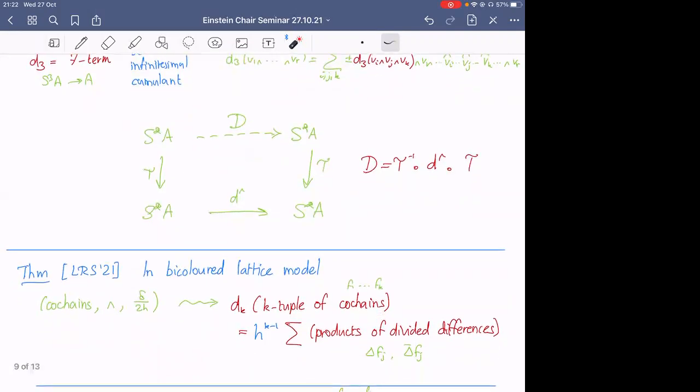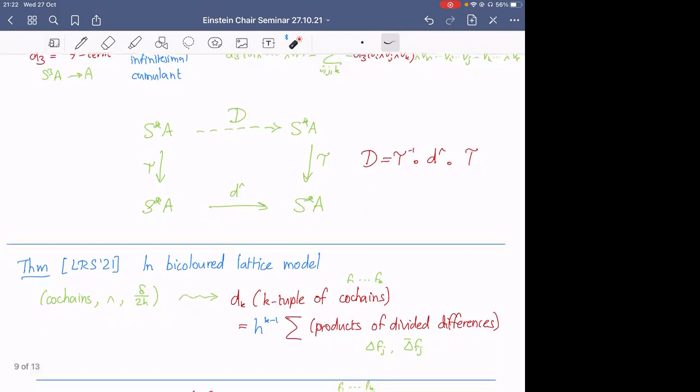And the result is that you can write a formula for it, which extracts this power h to the k minus 1 times a sum of products of divided differences. These are precisely the delta and delta bar that I wrote down at the beginning. Now we have them in all 3 dimensions if you're in 3 dimensions, and the theorem works in arbitrary dimensions.